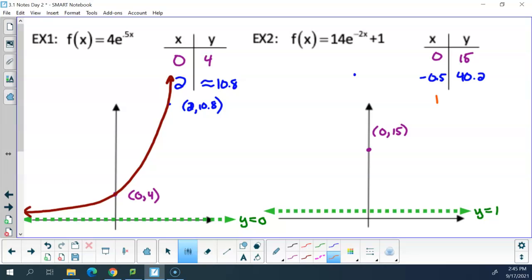Now e is close to what? 3. Close to 3, right? Okay. So 3 squared is 9. So 14 divided by 9 is what? 1.5-ish, let's say. Plus 1. 2.5.